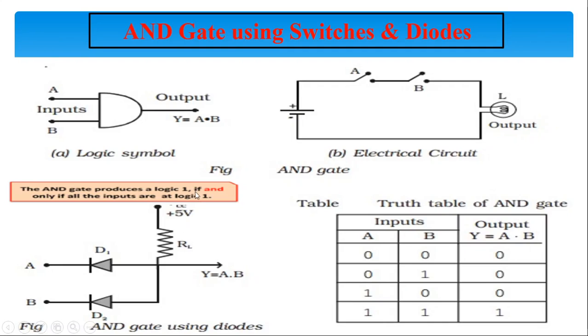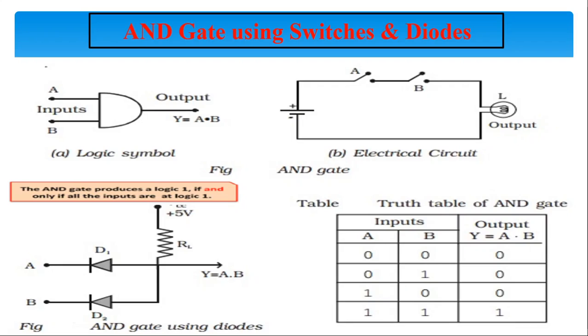The logic symbol of the AND gate is shown in figure A. The AND gate performs logical multiplication or the AND function. The logical expression of the AND gate is Y is equal to A dot B, or A into B. The dot should be read as AND.